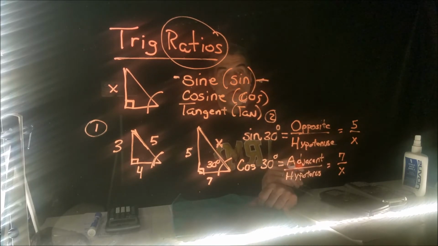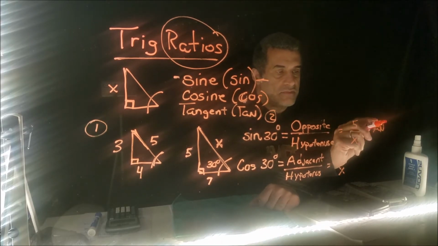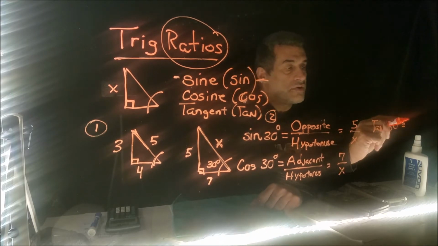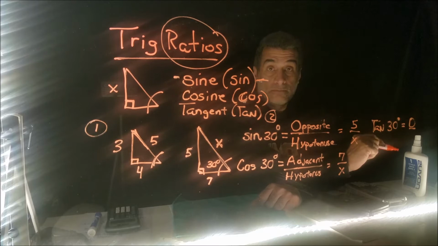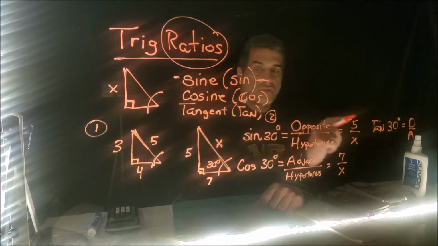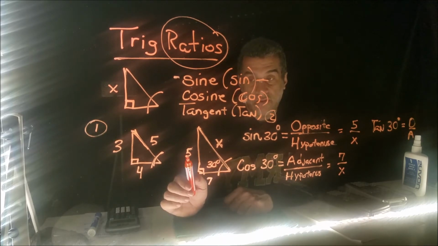Let's do one more. Let's do tan. I'll do tan over here. So tan, and we'll use 30 degrees again, we need to know the opposite, O, over the adjacent. So you tell me. Here's 30 degrees. What is opposite 30 degrees? 5, right?